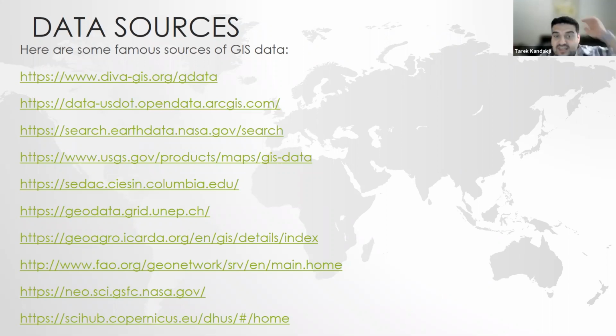The USGS has data for the United States. And there are a bunch of other data sources like FAO, ICARDA. You can just go there, take a screenshot of these sources, and you can use it, and it will help you to get some spatial data.